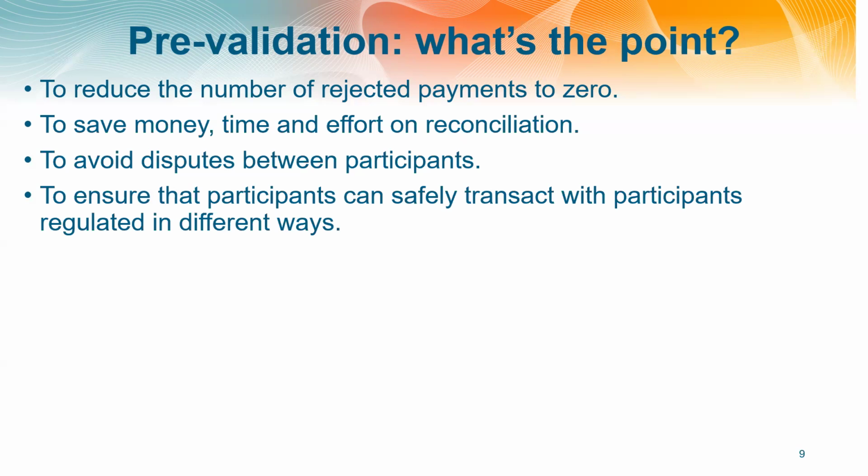And also to ensure that participants can safely transact with participants which are regulated in different ways. Now, one of the things that Mojaloop really wants to support is the ability of entities of very different kinds, payment service providers of very different kinds, to interact with each other without needing to make allowances for each other.